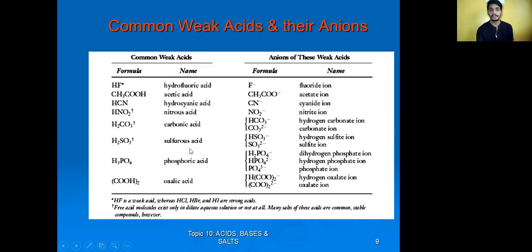H2SO3, that is sulfurous acid, the same case happens with phosphoric acid, and the same case with oxalic acid. In case of oxalic acid, if only one hydrogen is donated, it's called hydrogen oxalate ion, but if all the hydrogen is donated, it's called oxalate ion. So this is the difference between these. So have a look at this.